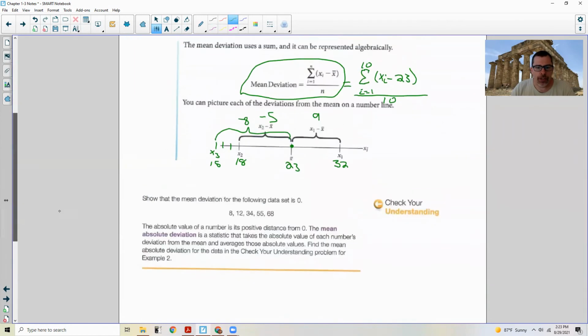Okay, so now it says check your understanding. Show that the mean deviation for the following data set is 0. Okay, so I'm going to do this in a spreadsheet. I'm going to go to my spreadsheet, and it's 8, 12, 34.